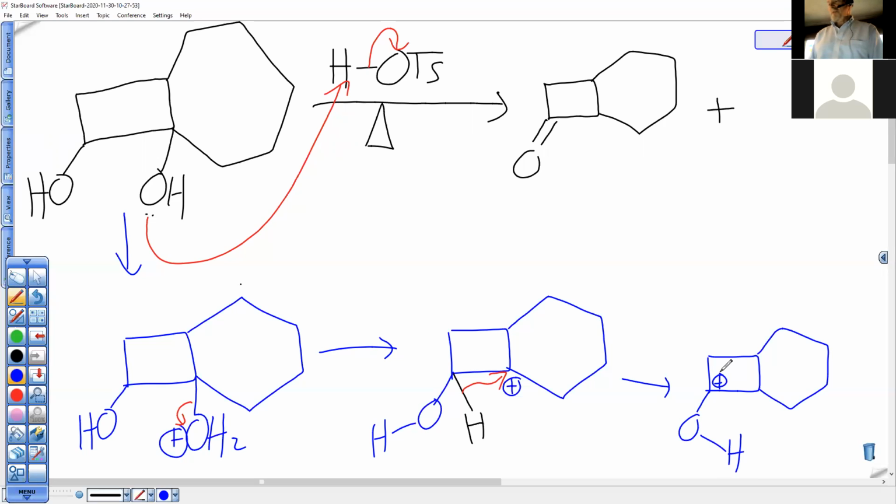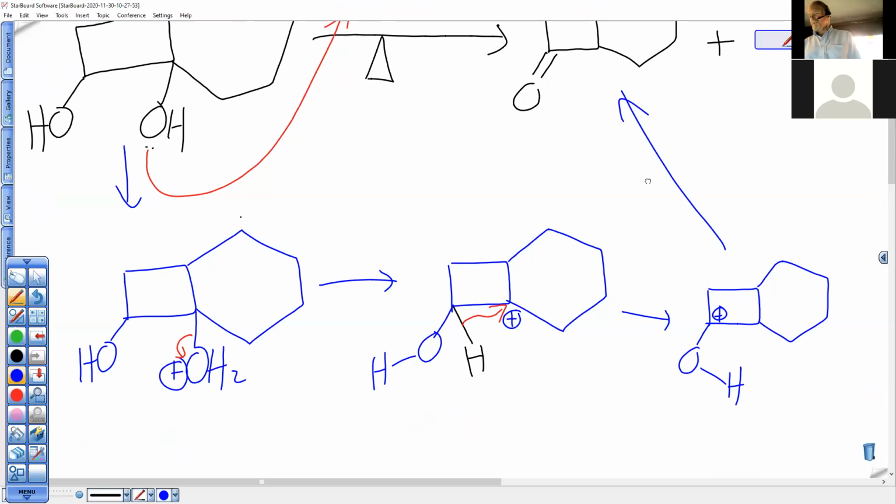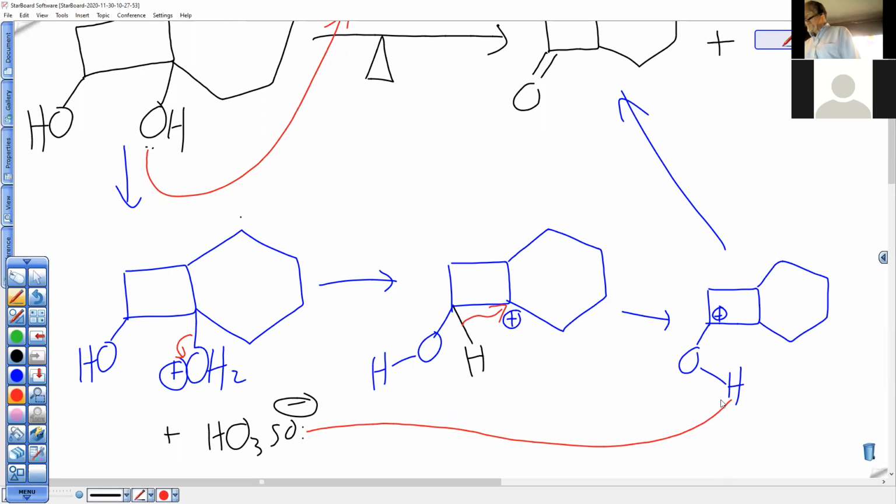And that's going to make our first product. What's going to grab that H? Sulfate ion. Made that in the first step when you protonated your alcohol to make it a better leaving group. Grab H, make pi.